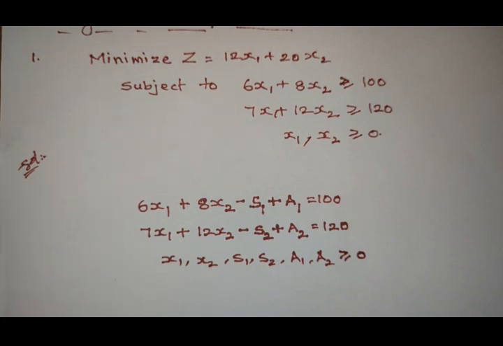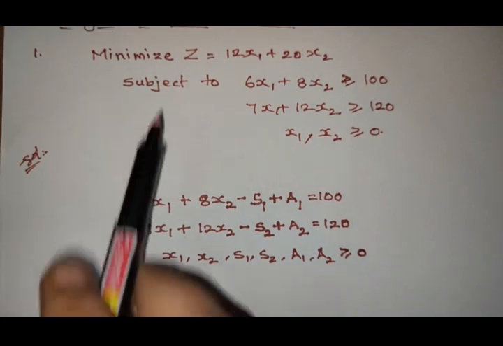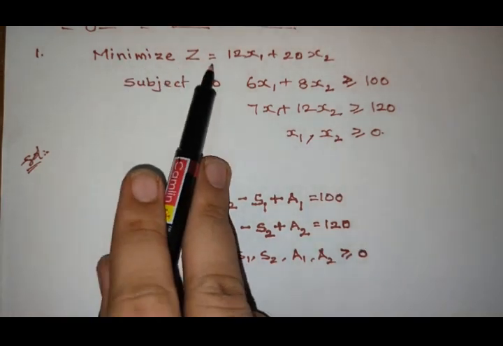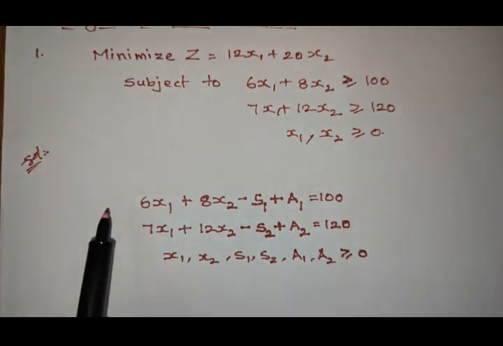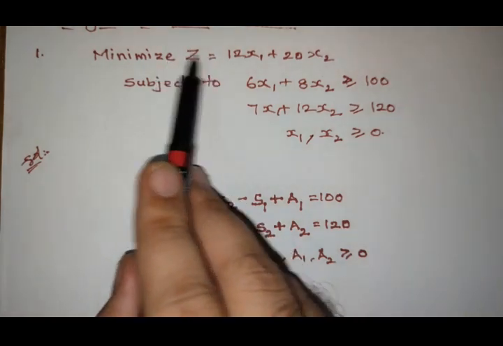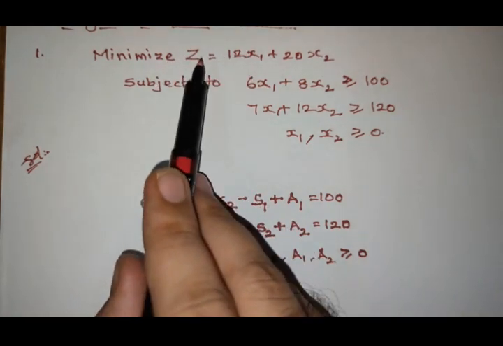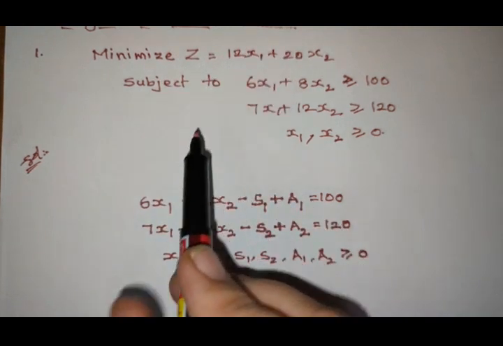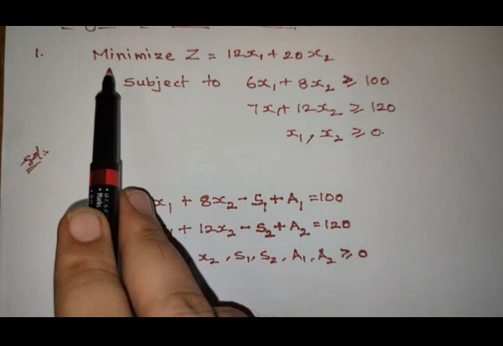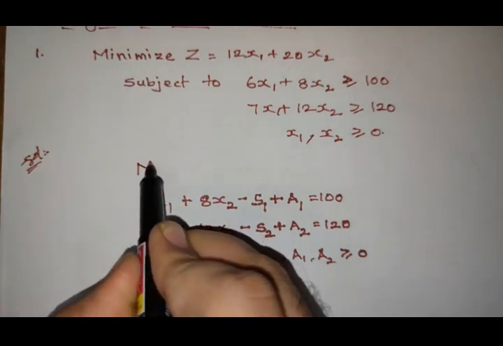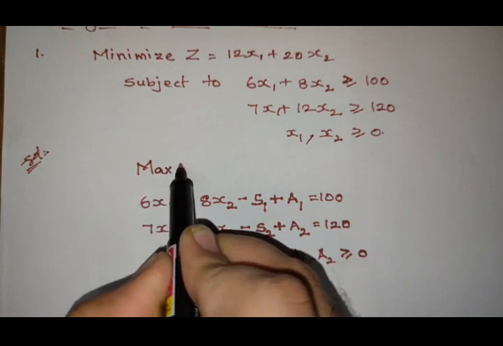For solving the problems very easily, let us convert the objective function of minimization type into maximization type. In order to convert minimization z into maximization z, multiply both sides with minus. On the left side multiply with minus, on the right side also multiply with minus. If you multiply minimization z with minus, it becomes maximize z.